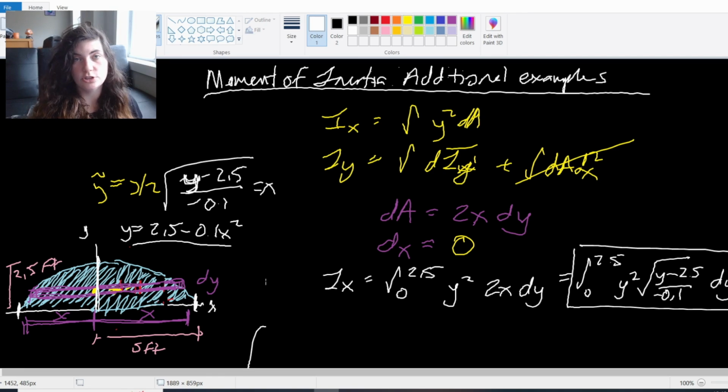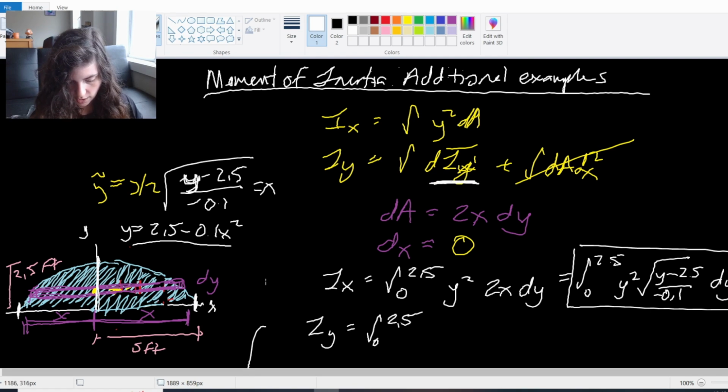So that's my moment of inertia about my x-axis, and then I'll go ahead and do my moment of inertia about the y-axis from parallel axis theorem. So again, same integration limits because of the dy slice, right? dy, so we integrate over the y. And then I need this Iy term, which if I pull that out from my table, moment of inertia of my centroid is 1/12 height times base cubed.